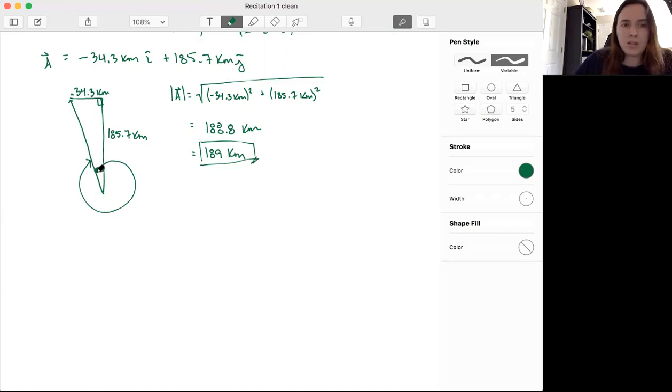So let's find this angle here. Let's use tangent because I like tangent for some unknown reason. So our angle is the inverse tangent. Tangent is opposite over adjacent.